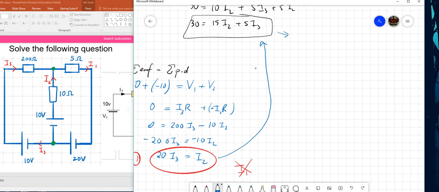So this will become 30 equal to 15 times 20 I3, close bracket, plus 5 I3. Okay, and we'll do this, and this will give us 300 I3 plus 5, 305 I3. Divided by this much, I3 will get our final answer.